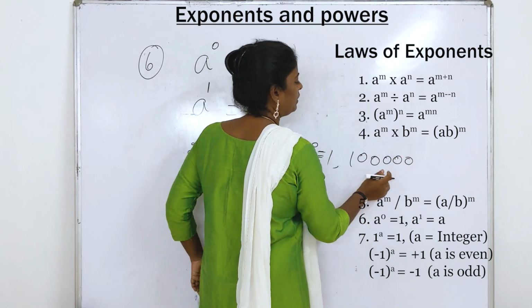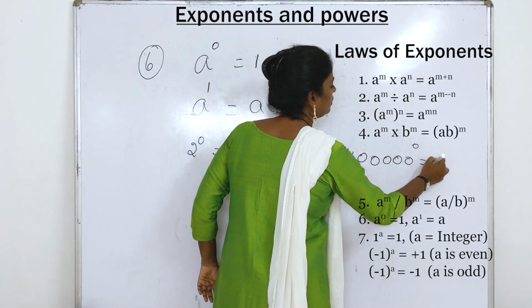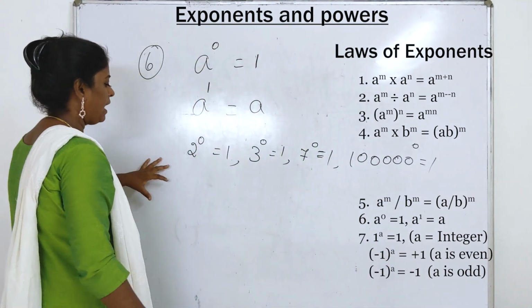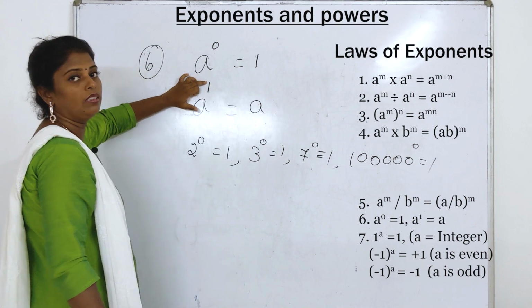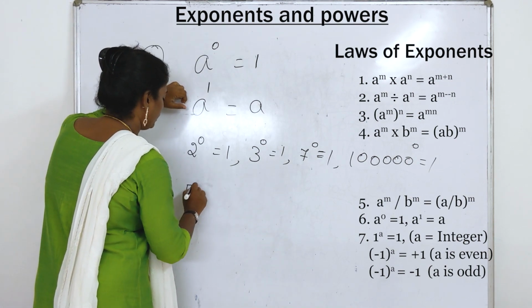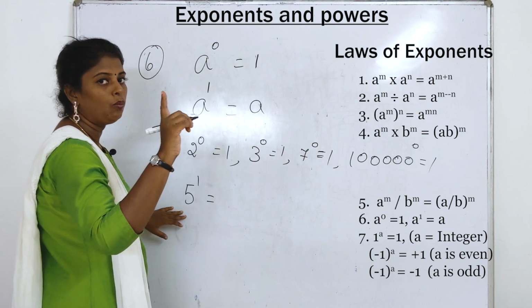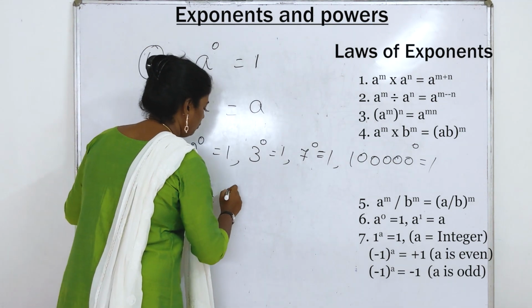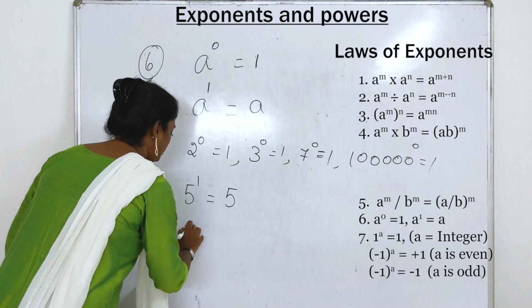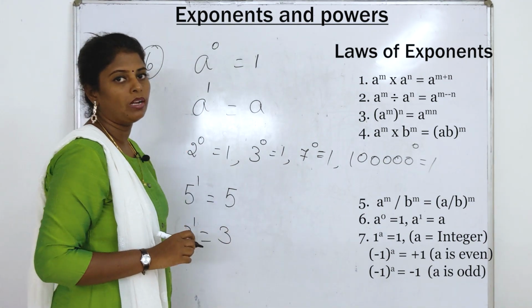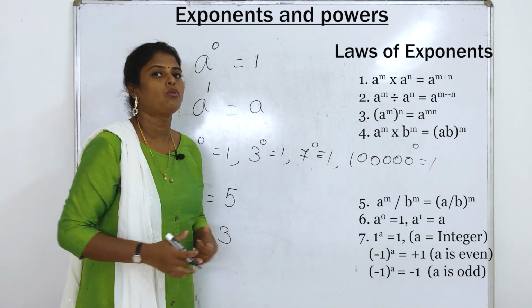Whatever the number, to the power 0 is 1. If we have a power 1, that is 5 power 1, we are multiplying the base only 1 time. And 3 power 1 is nothing but 3, and 1000 power 1 is nothing but 1000.